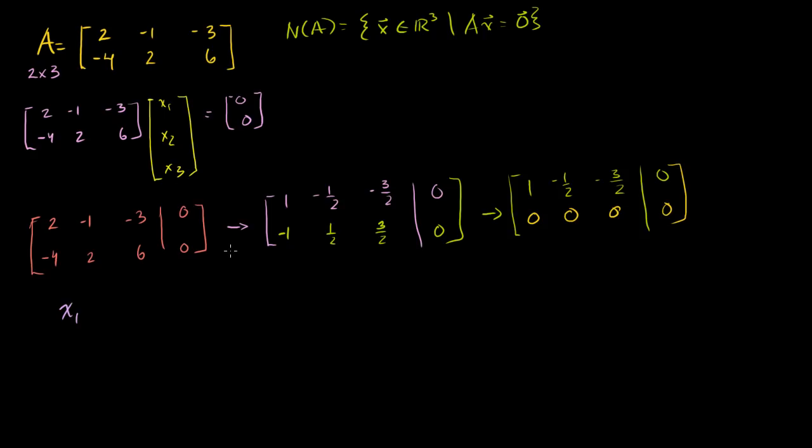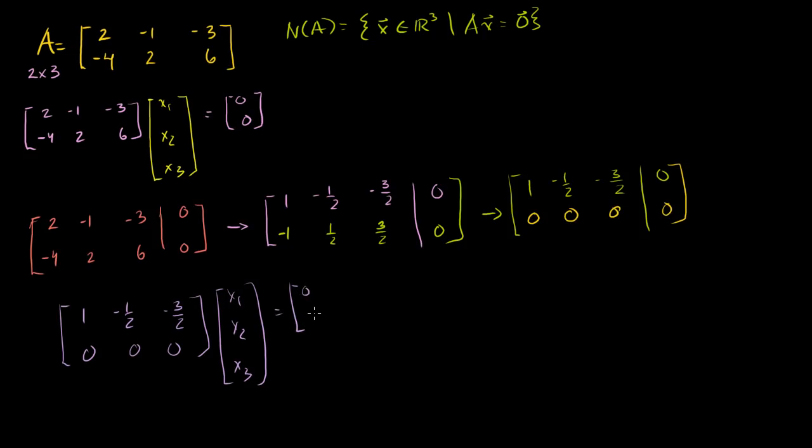The easiest way to think about it is, you're multiplying the reduced row echelon form of A now, 1, minus 1/2, minus 3/2, with a bunch of zeros below, times x1, x2, x3, equal to the R2 0 vector. This is another interpretation of this augmented matrix. So this row is useless.